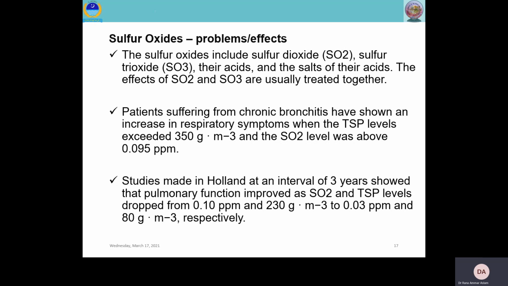If you see the results of some previous studies, the results reveal that exposure to a concentration of more than 350 gram per cubic meter can cause serious health issues, right?